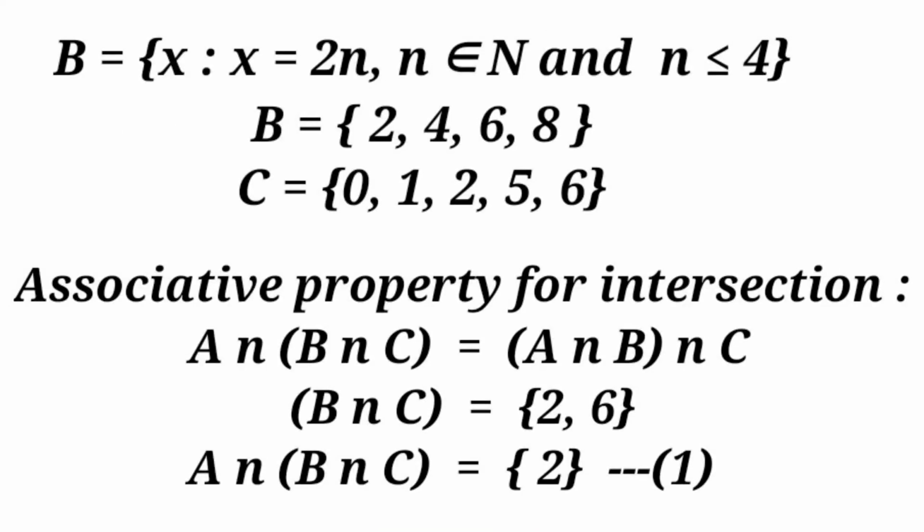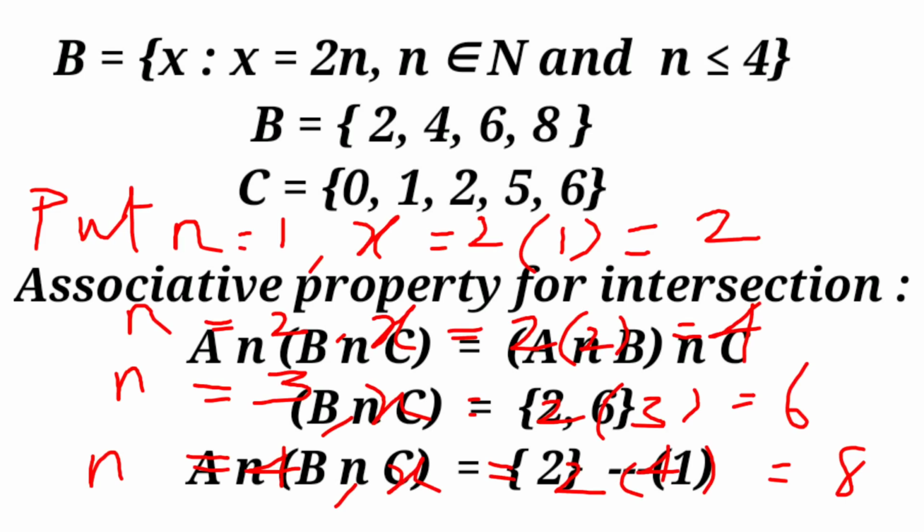Set B is also in set builder form. So, we convert set builder form into roster form. B is equal to {x such that x is equal to 2n, n belongs to N and n less than or equal to 4}. N means natural numbers, so natural numbers start with 1. Put n is equal to 1, x is equal to 2 into 1, which is 2.